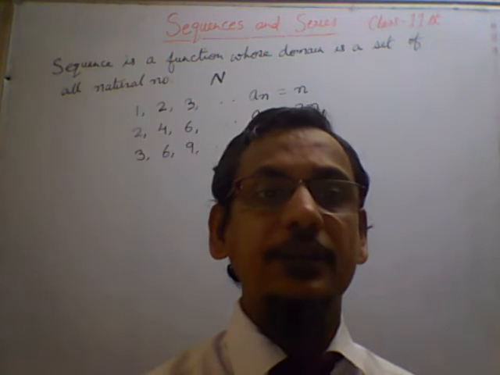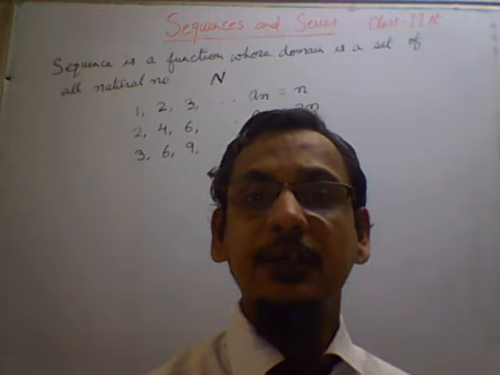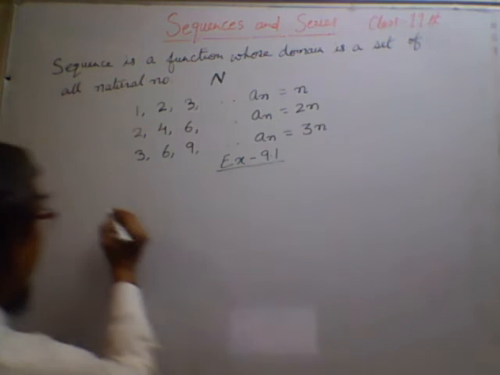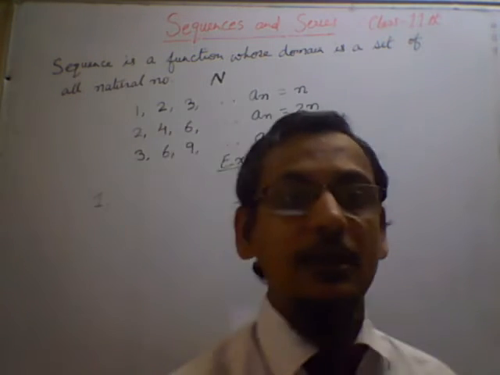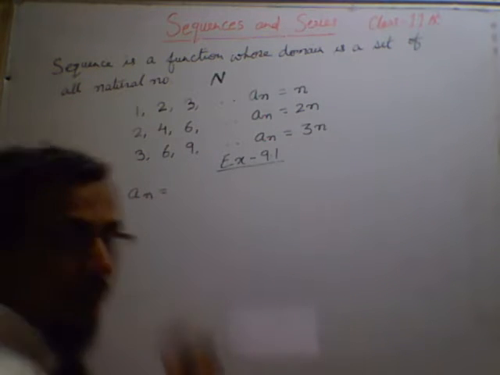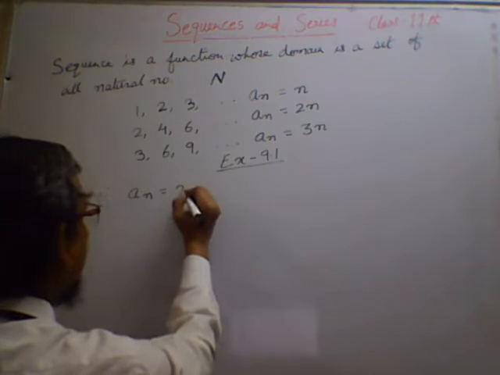Here it is: write the first 5 terms of each of the sequences in exercises 1 to 6 whose nth terms are given. So I am writing the first question. An equals n into n plus 2.